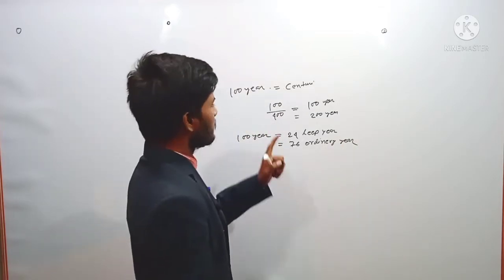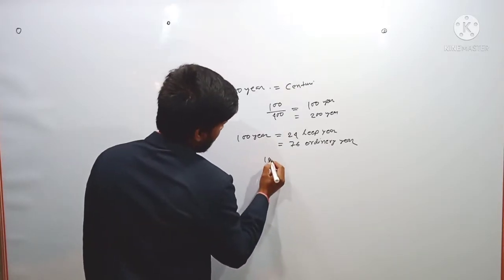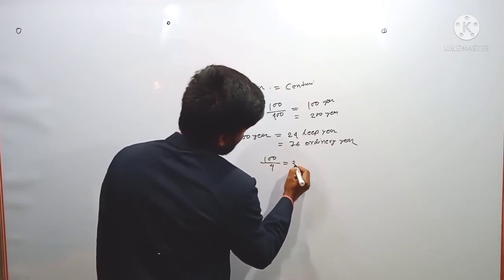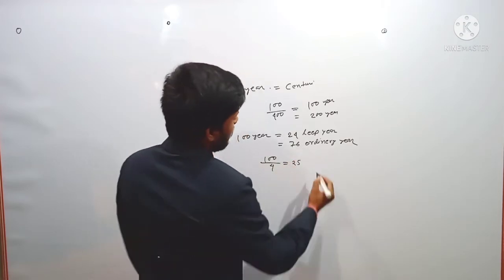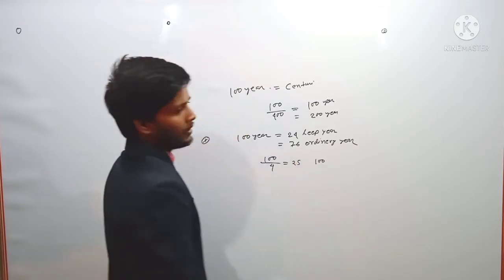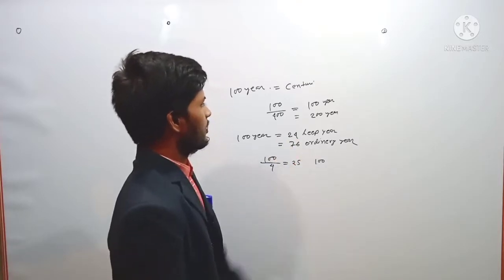Why 24? If we divide 100 by 4, then it gives 25. But the year 100 is not a leap year. That's why I have written 24 leap years.